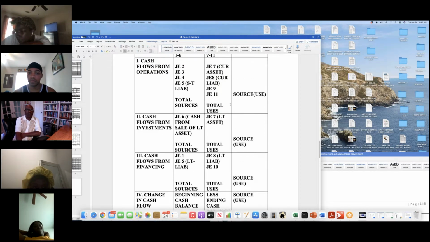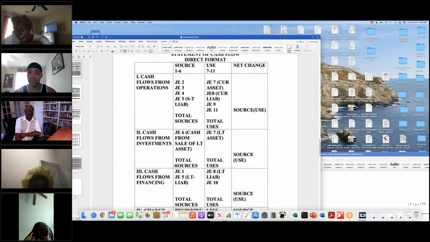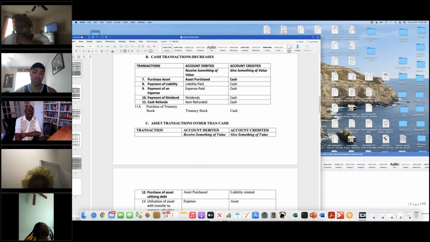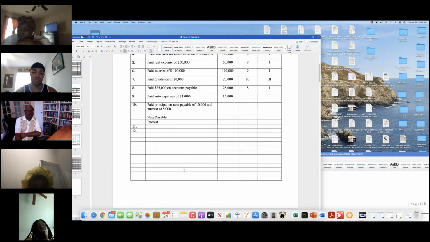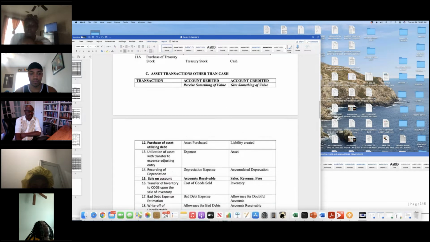And the same thing when we borrow the money. If it's short term, it's up here. Long term is down here. So that was 25, so type 8 was 25,000.